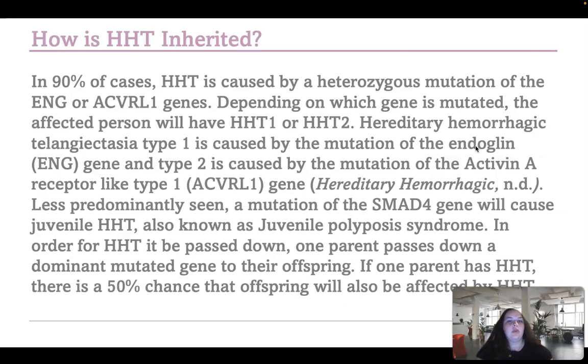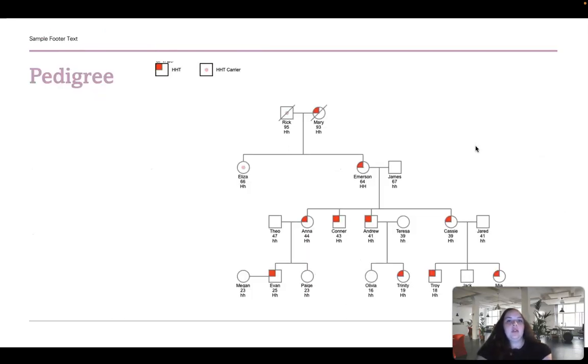That can be done through prenatal testing, which we'll talk about a little bit later. If one parent has HHT, there's a 50% chance of the offspring being affected. Just one gene needs to be passed down in order for the kid to have a chance of being affected.